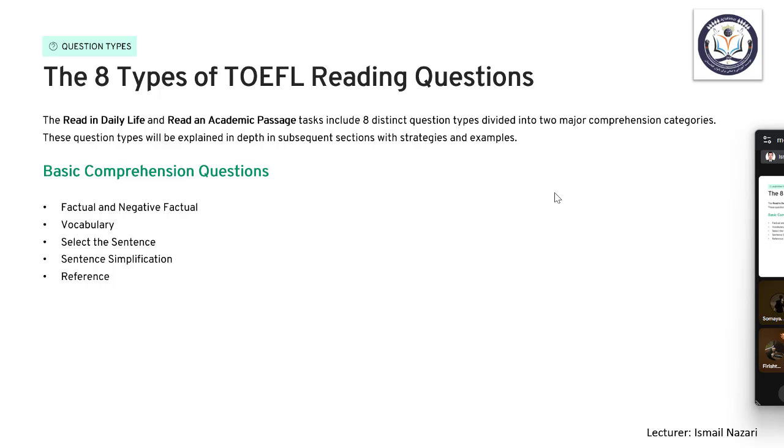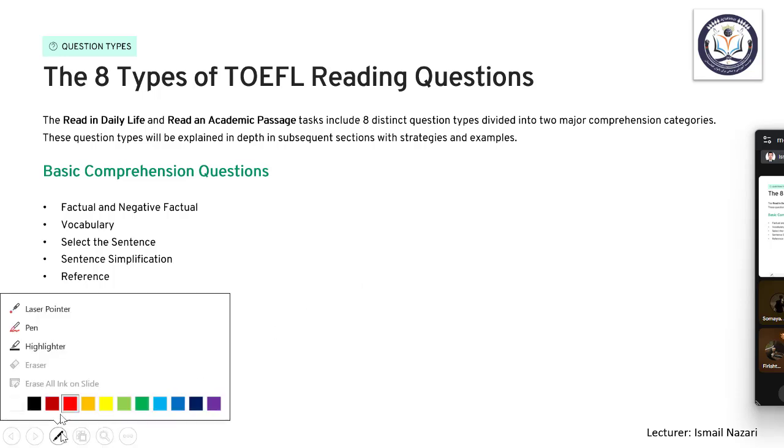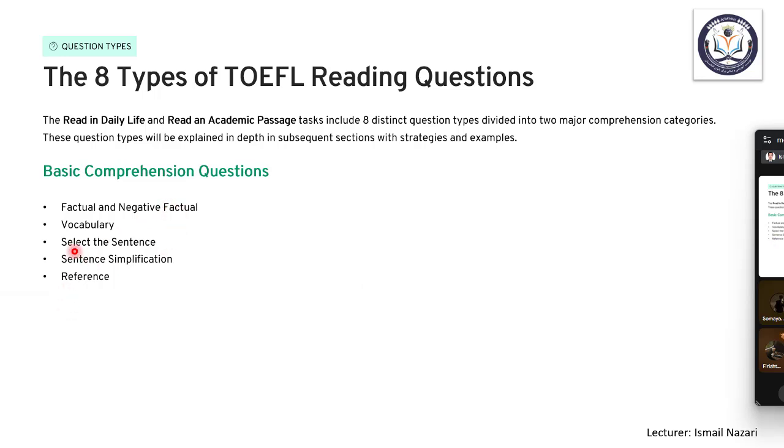The first category, which most question types are included in, is basic comprehension questions. In basic comprehension questions, we have these question types: factual and negative factual question, which is the first one.